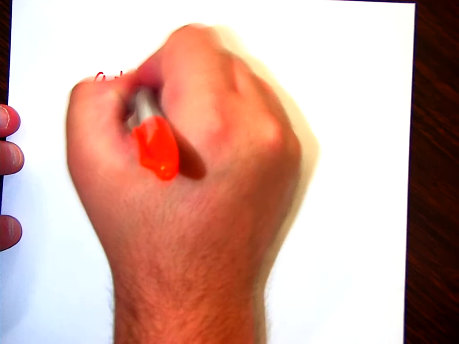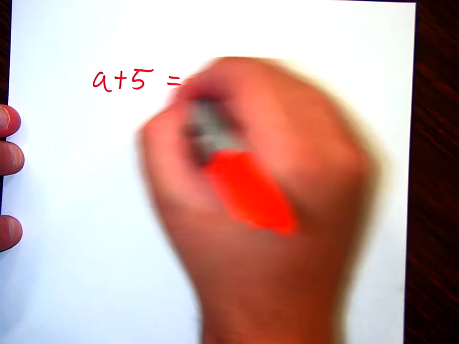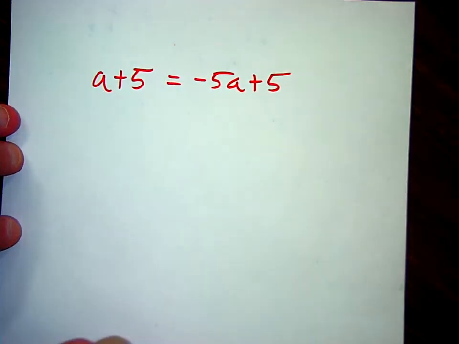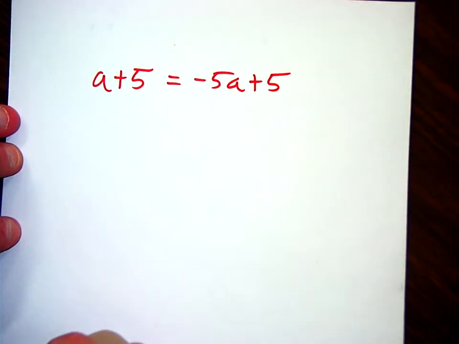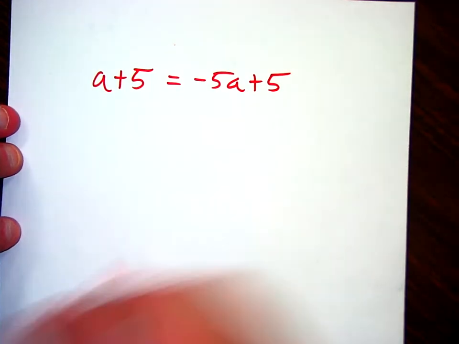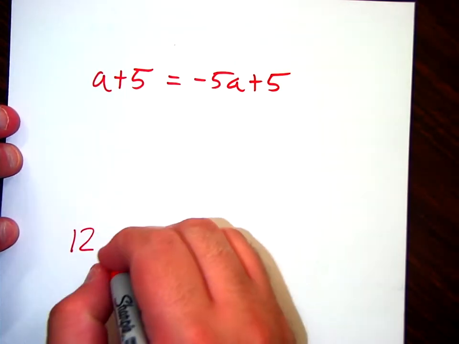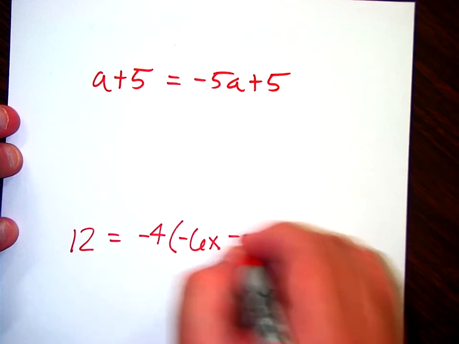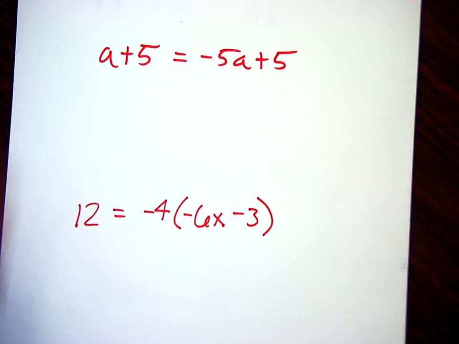A plus 5 equals negative 5a plus 5. And I would also like y'all to try 12 equals negative 4, negative 6x minus 3. Okay. Go ahead and try those two problems, and I will have the answers to those when you come to class for that day.